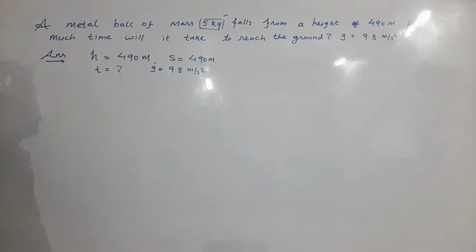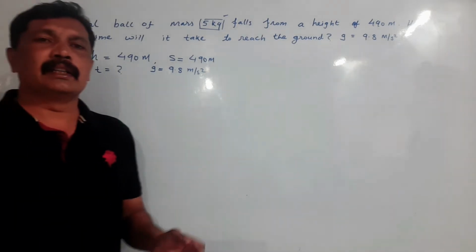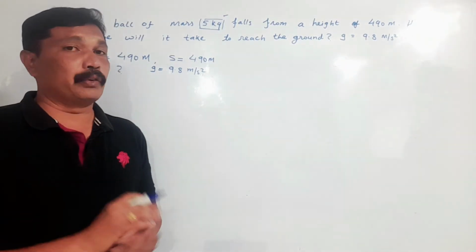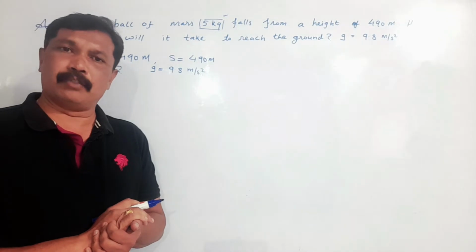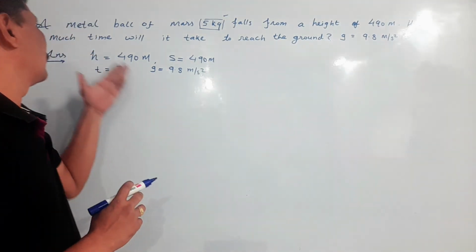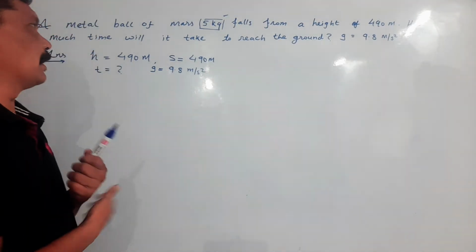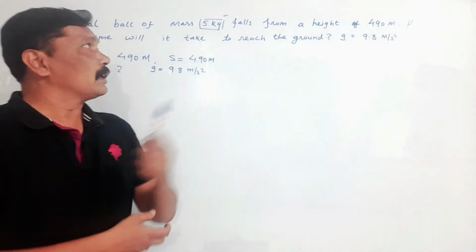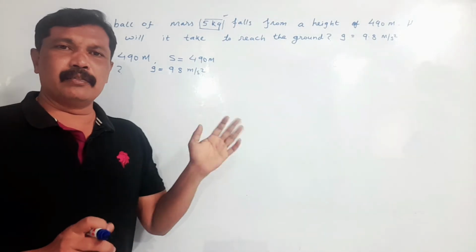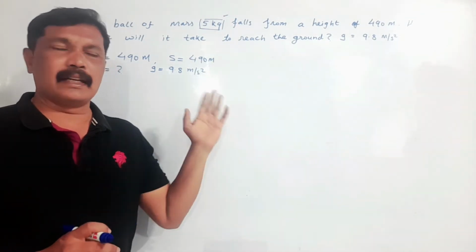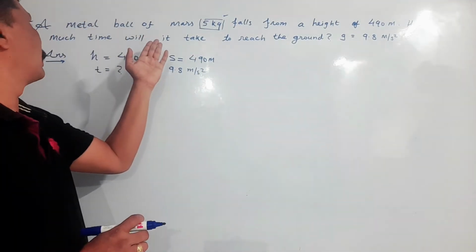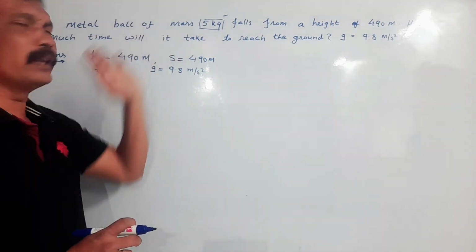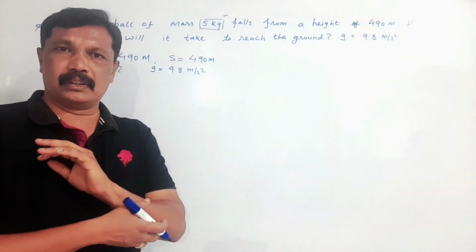But my dear student, this information is of no use. So we will not consider this information to find out the time taken by our body to reach on the ground. The mass of the metal ball, 5 kg, is of no use.